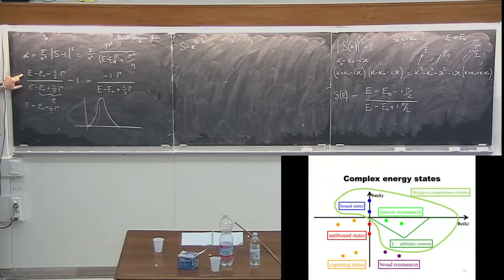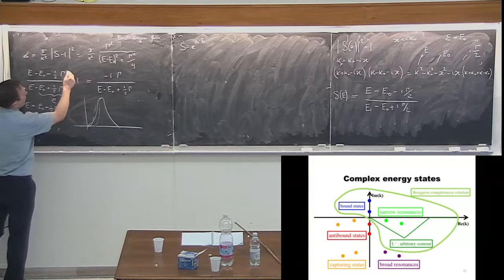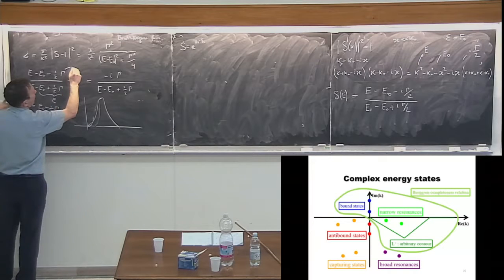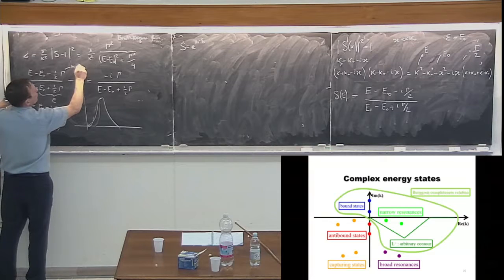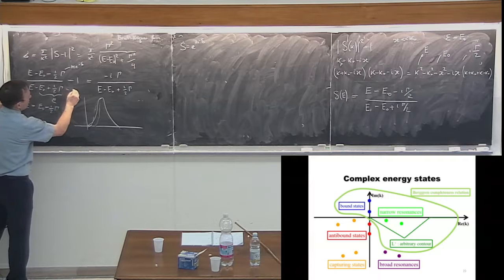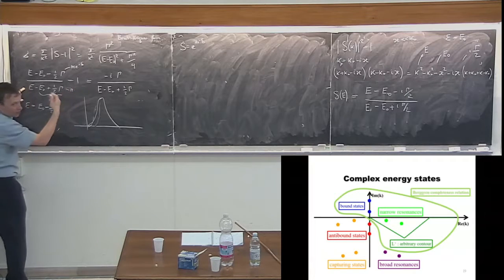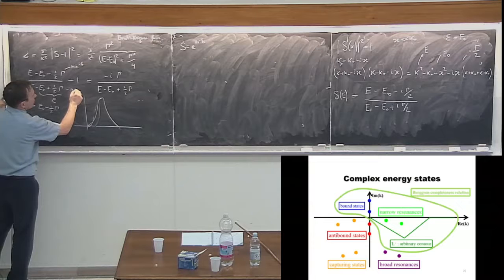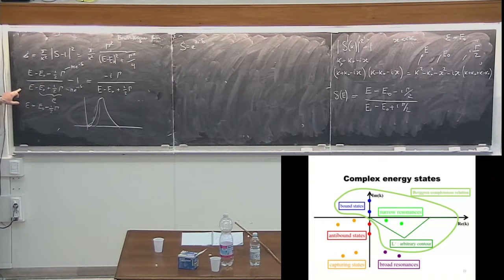The numerator has some magnitude and a phase, and the denominator has the same magnitude and the opposite phase. So the numerator has some magnitude m multiplied by the phase, and the phase actually has to be i delta, because then the denominator has a magnitude m, which doesn't change in complex conjugation, times the phase minus i delta. That way m cancels out and you get what you want.